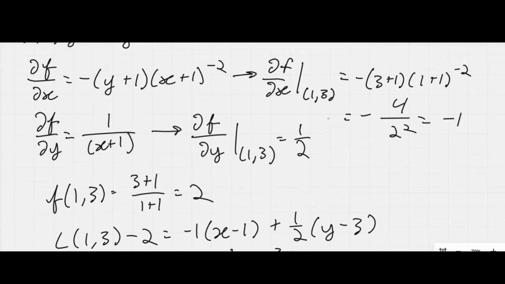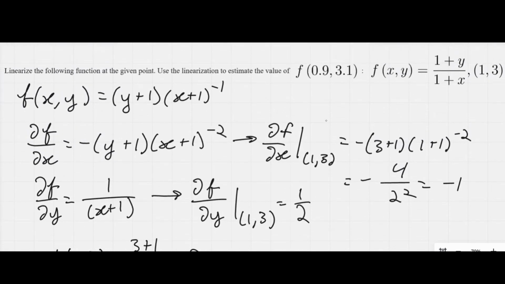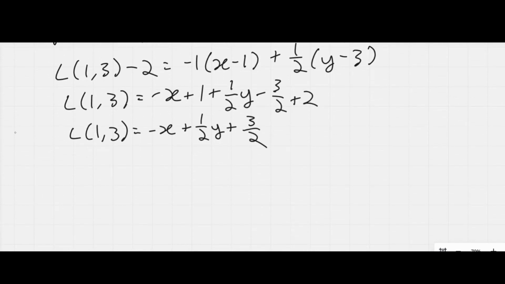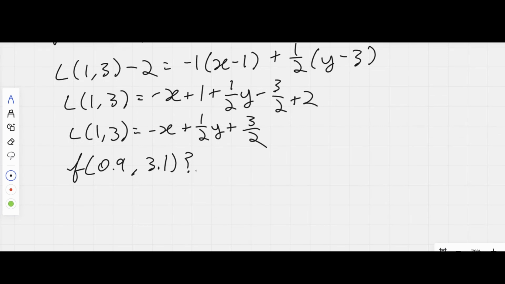The question asks us to not only linearize the function, but use the linearization to estimate the value of f of (0.9, 3.1). So that is the real question. So we are trying to find what the value of f of (0.9, 3.1) is.